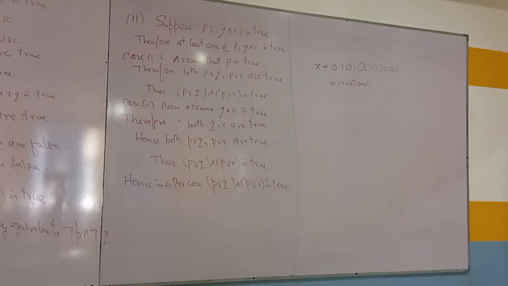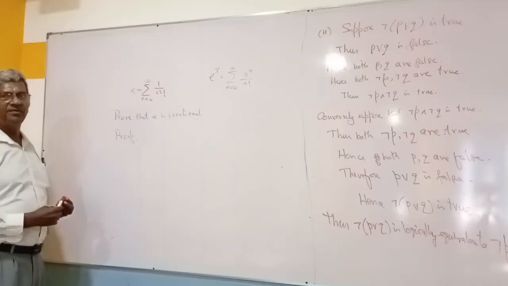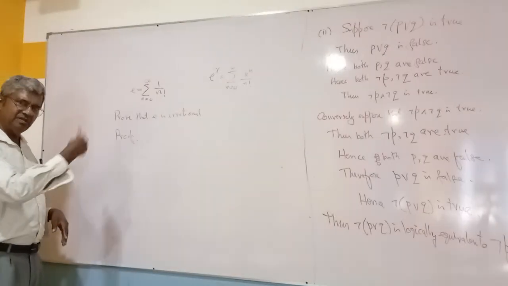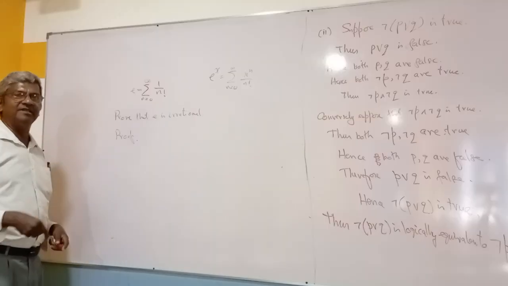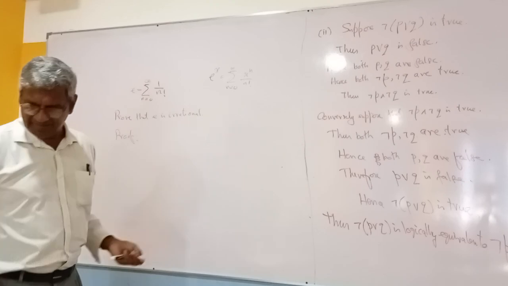After we prove this thing, can you see? Because that one I have told you is irrational, but no proof. After proving this, we must be able to prove that. I would like you to do it. You can do it.